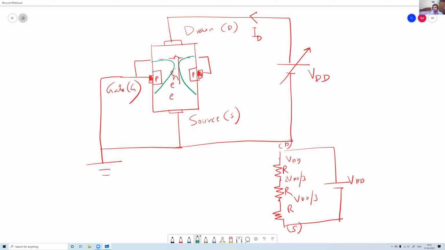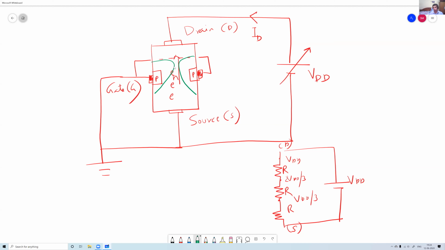Okay. Agreed, Dibbojyoti. Okay. Now what happens if I keep increasing this VDD? The depletion region will increase because I am increasing the reverse bias voltage. And if the depletion region increases, what we have seen many times is that in the depletion region there are no mobile carriers, there are no free electrons, there are no holes.